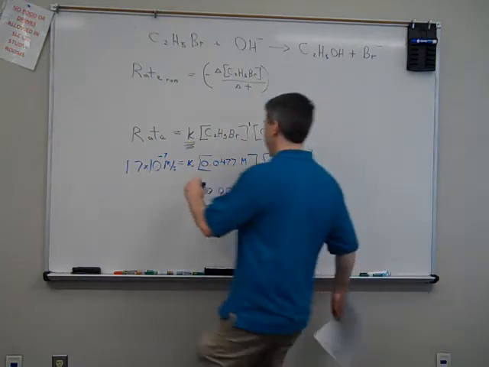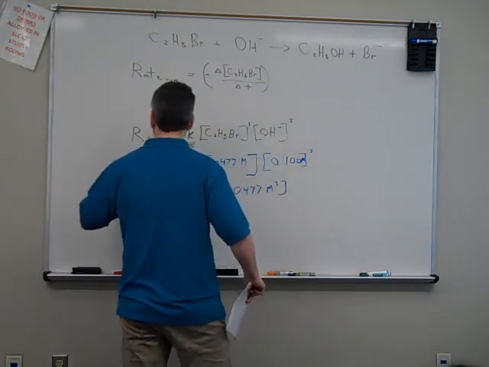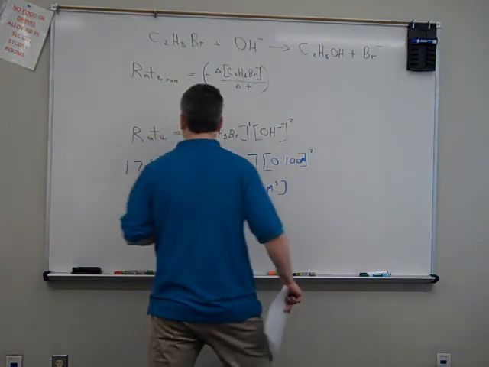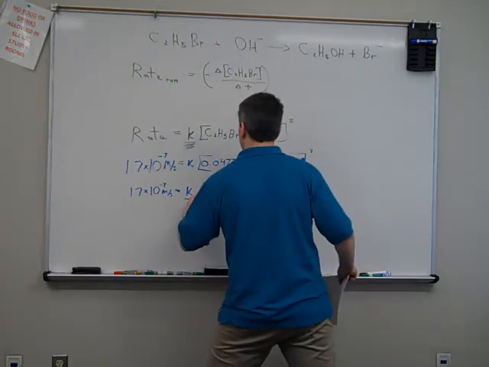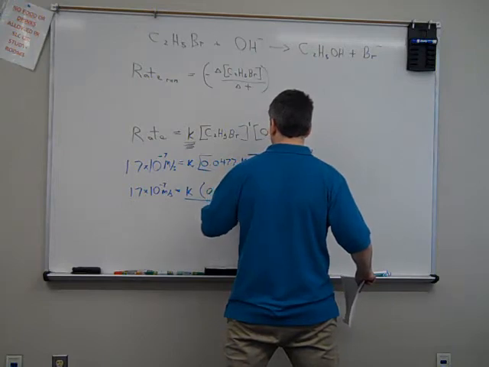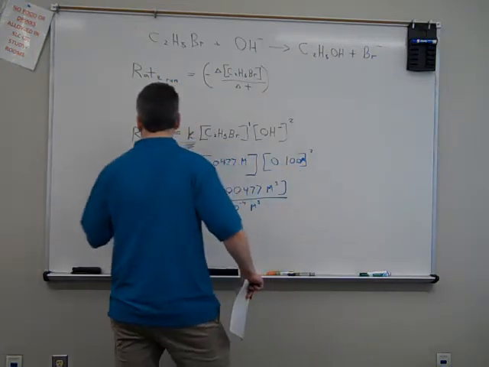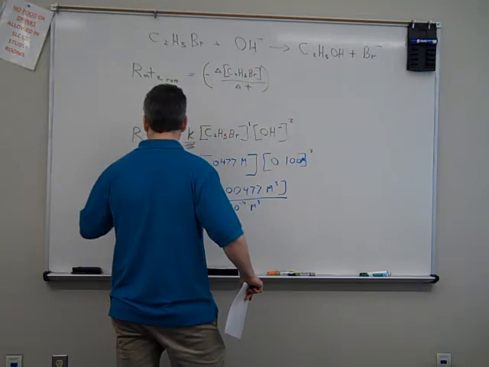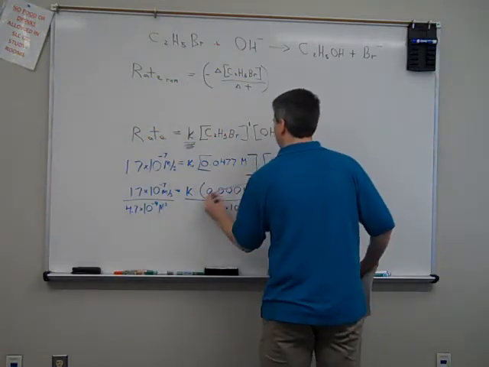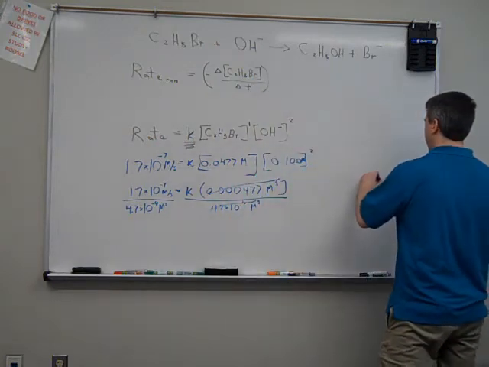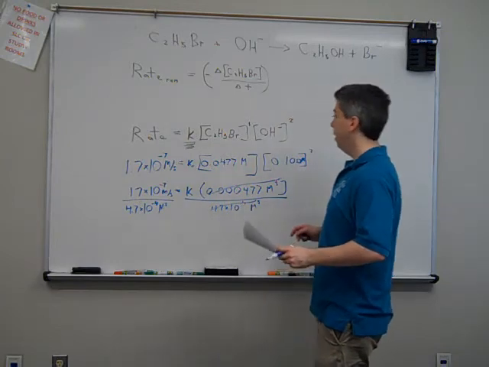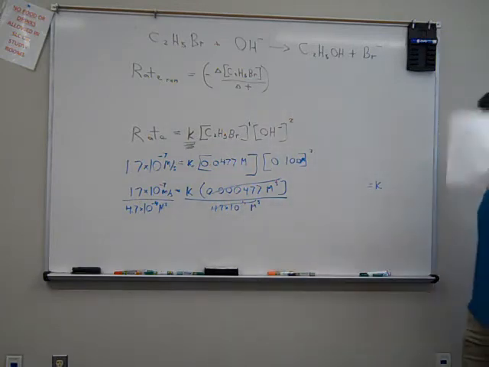And then I'm going to set that equal to 1.7 times 10 to the negative 7 molarity per second. And then I'm going to divide both sides by essentially this 4.77 times 10 to the negative 4th molarity cubed. That's going to cancel this, and I'll get my K value. If you have your calculators out, go ahead and calculate that. If you don't have them out, get them out.